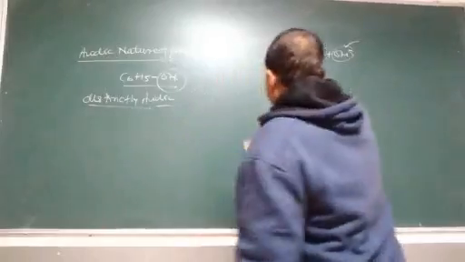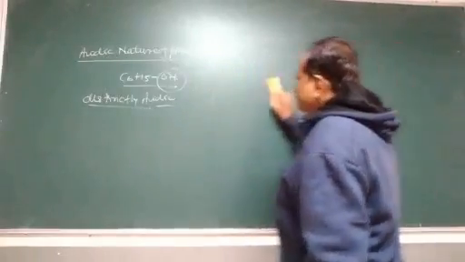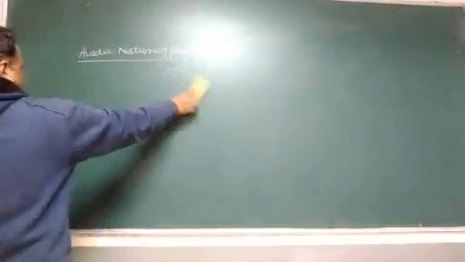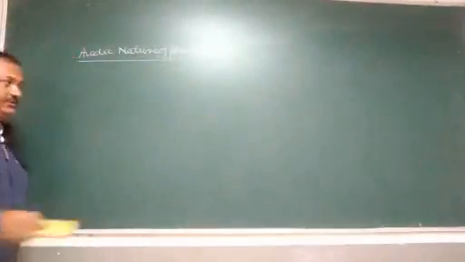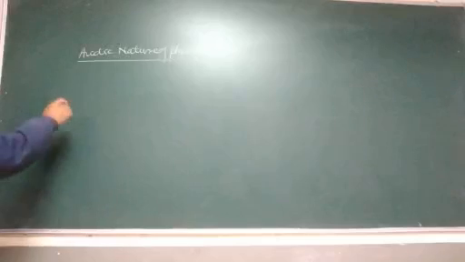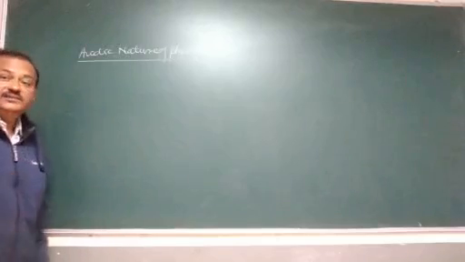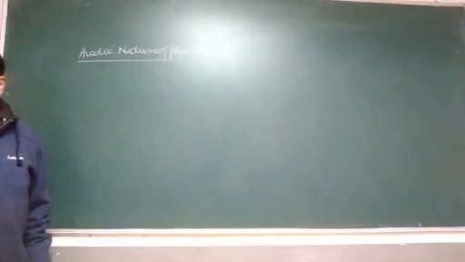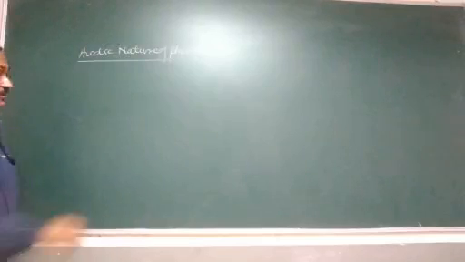Now coming to our main point, that is the acidic nature of phenol. Why is phenol acidic in nature? It can be explained by the resonance stabilization of the phenoxide ion.